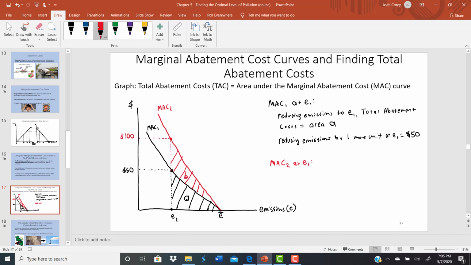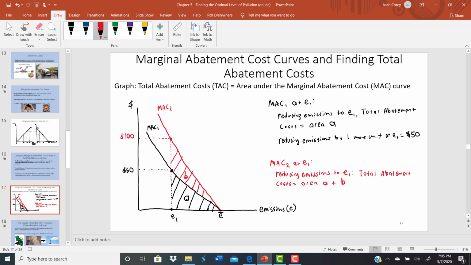Well, reducing emissions to E1 is going to have a cost to it. Our total abatement cost of doing this is going to be equal to areas A plus B now.